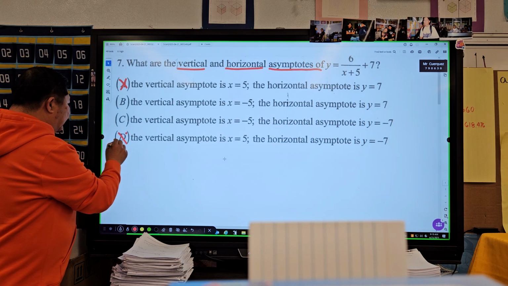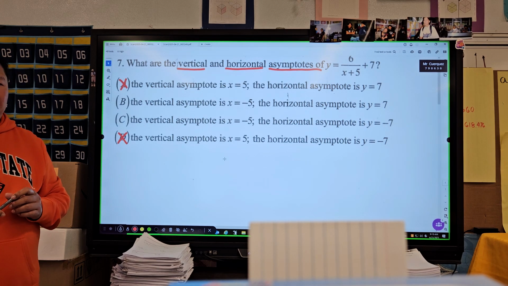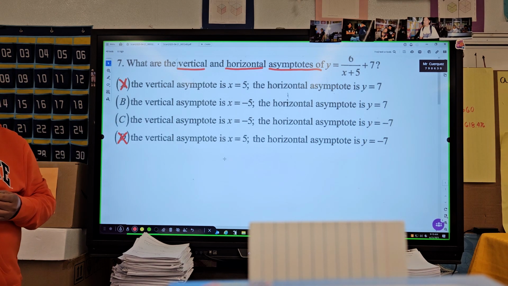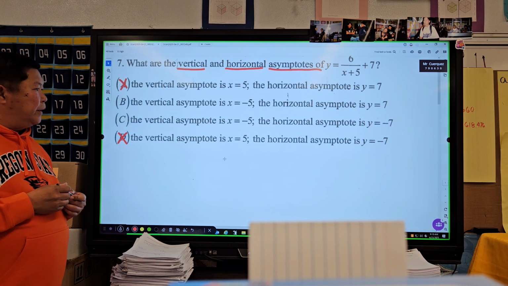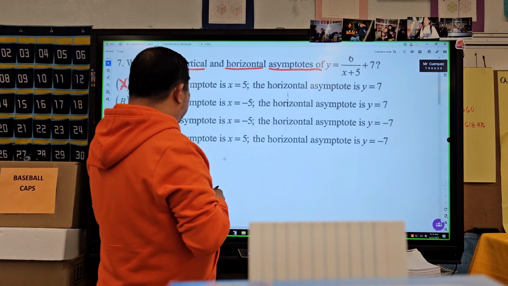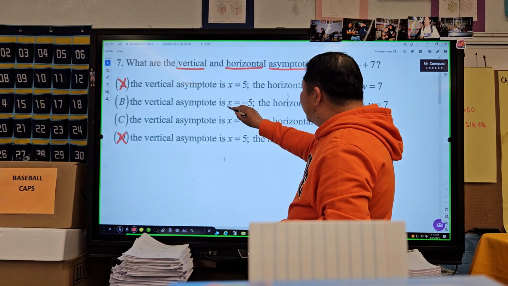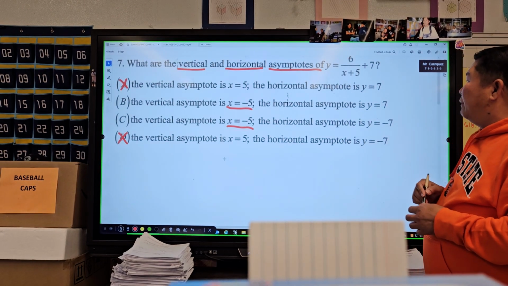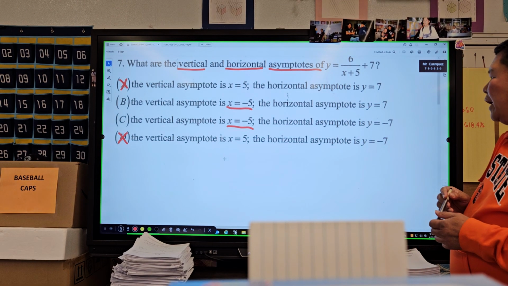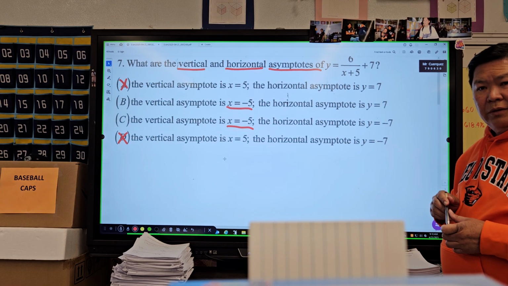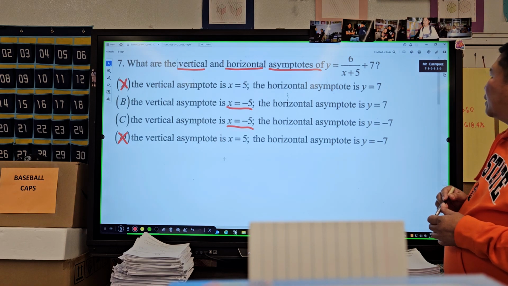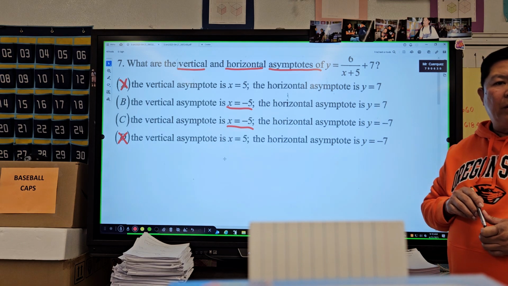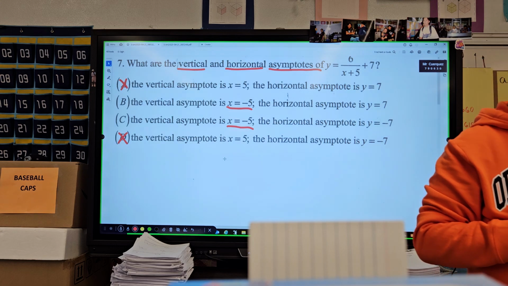Then D cannot be a candidate. So we have B and C as the options. Next, we can analyze. So these are both correct in terms of the value of x. But let us have the horizontal asymptote. For horizontal asymptote, we're going to look into the horizontal asymptote.